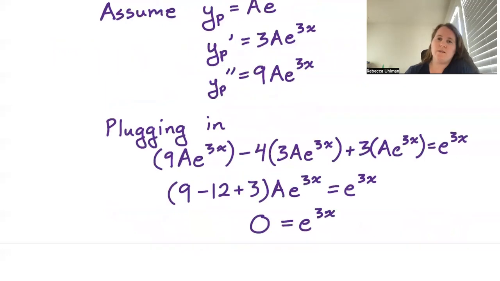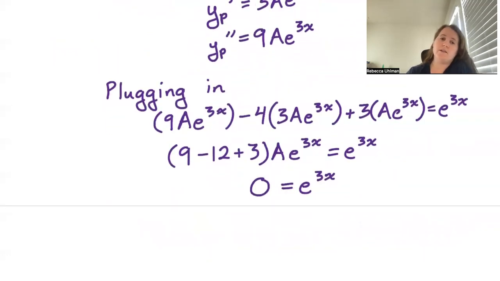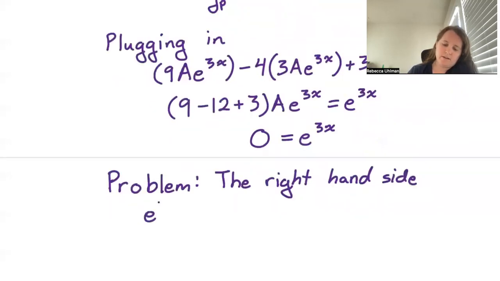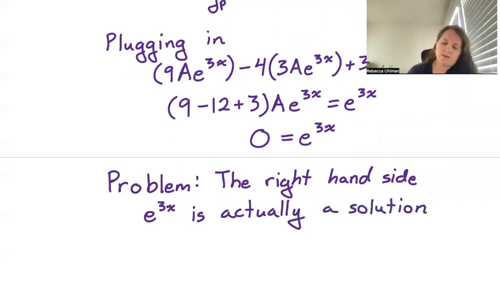The problem here is that the right-hand side, e to the 3x, is actually a solution to the corresponding homogeneous equation.